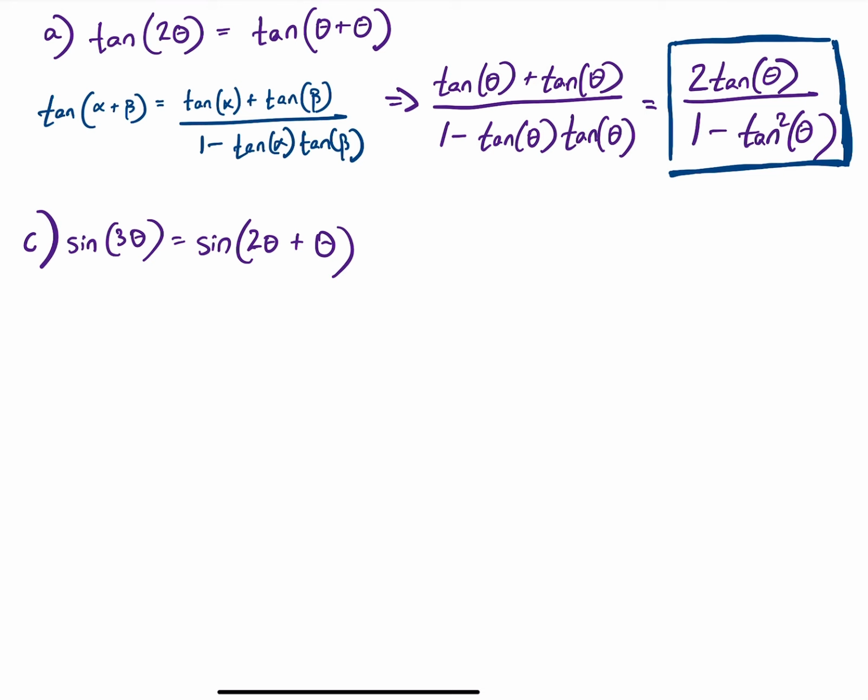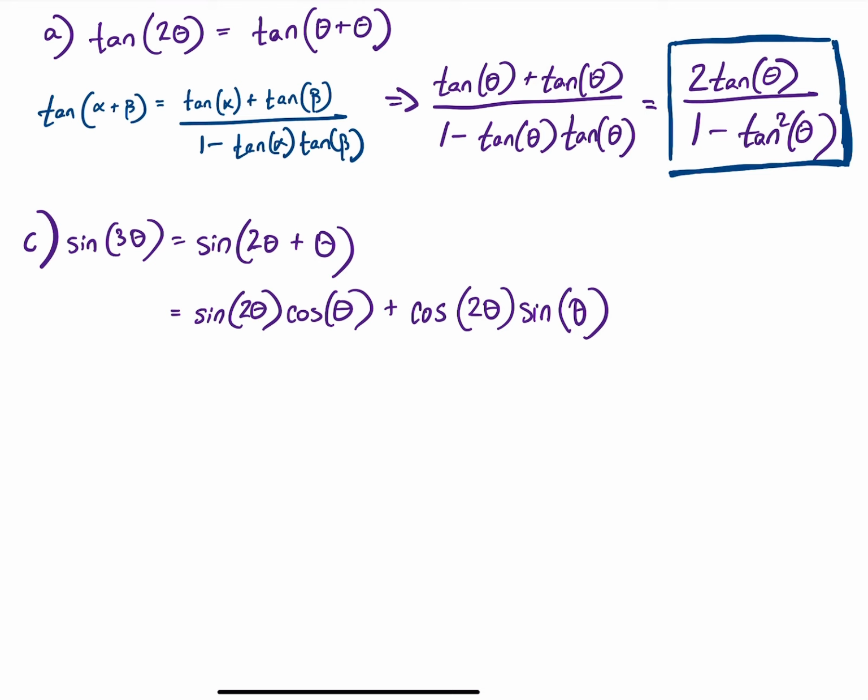So we said earlier, sine of sum of 2 angles is the sine of the first angle times the cosine of the second angle plus the cosine of the first angle times the sine of the second angle. And then now we have formulas for sine of 2 theta and cosine of 2 theta.